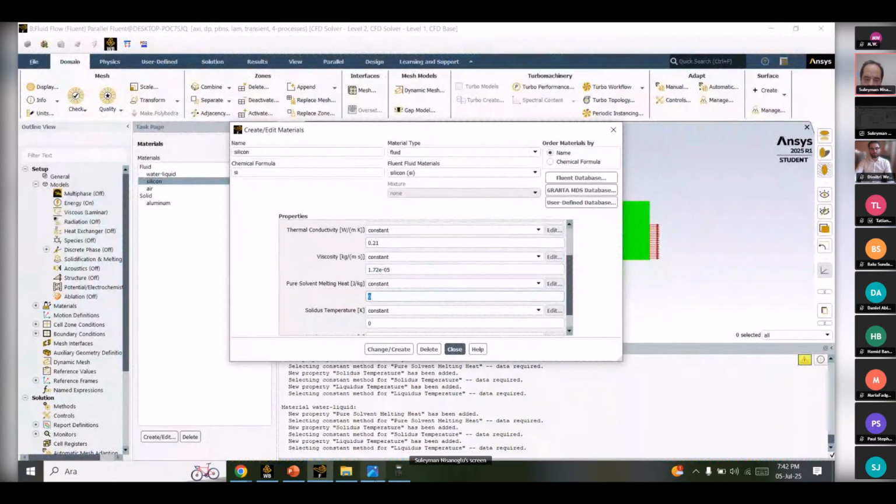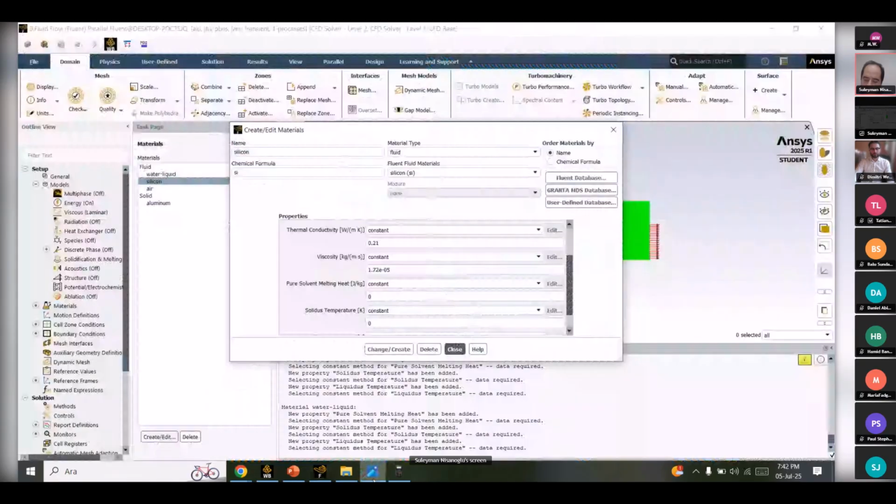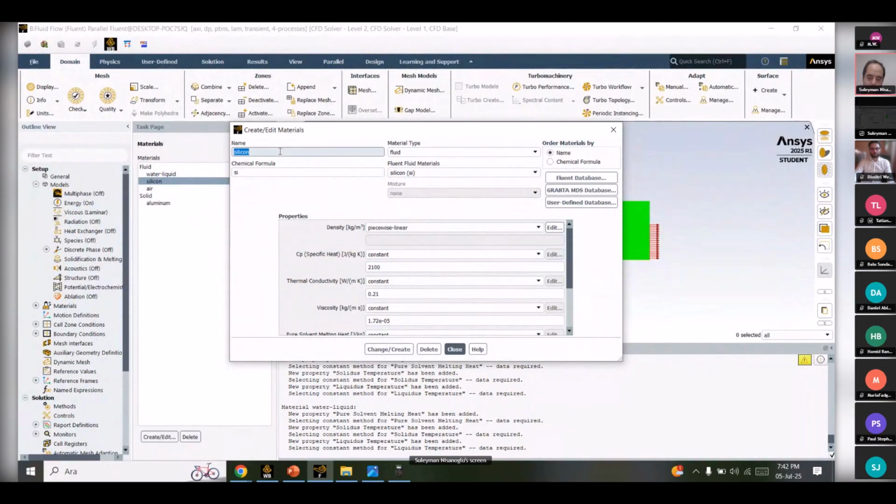Viscosity not important for this case. Latent heat 190,000 because of joule. This unit is kilojoule. Solidus temperature and liquidus temperature. Okay, we create paraffin. Change, create, yes. Very nice.